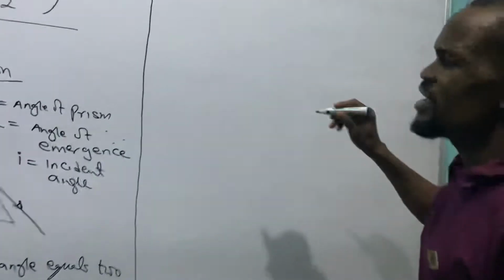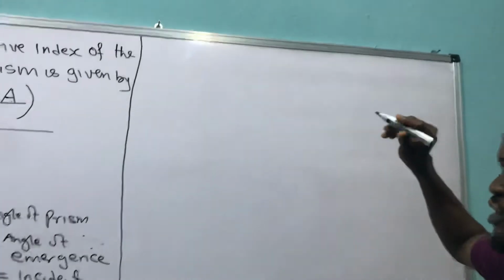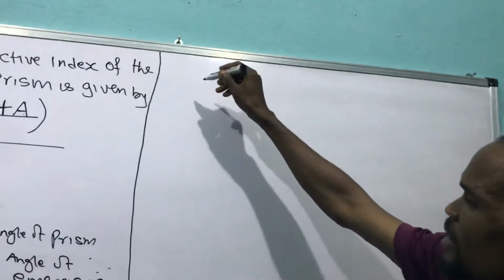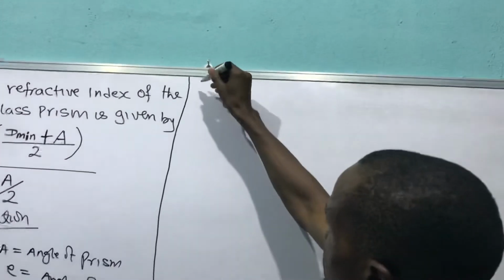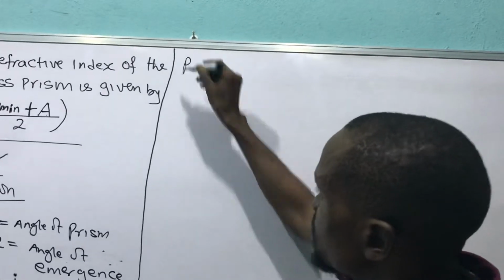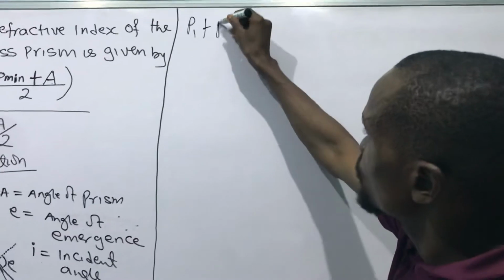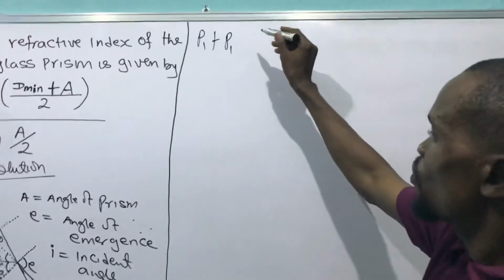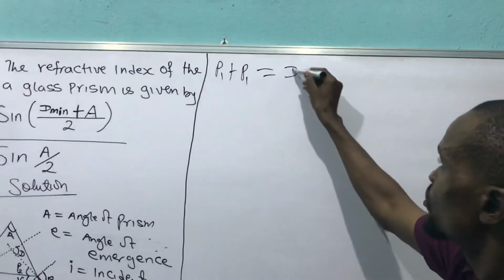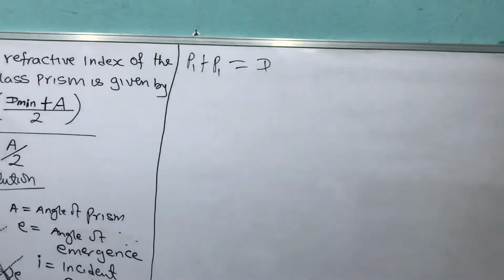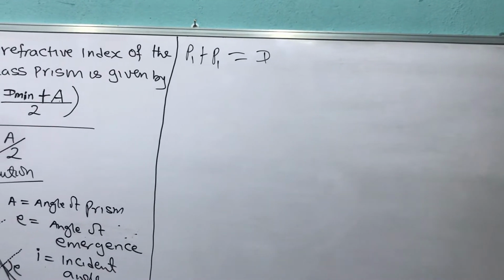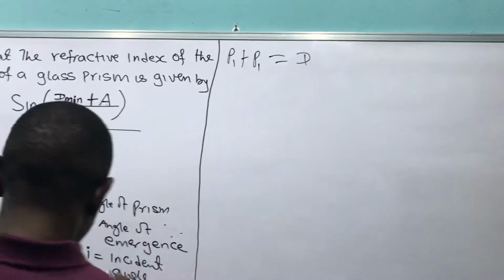I can come over here to also say that P1 plus P2 equals D. You remember that D, I didn't put what D is.